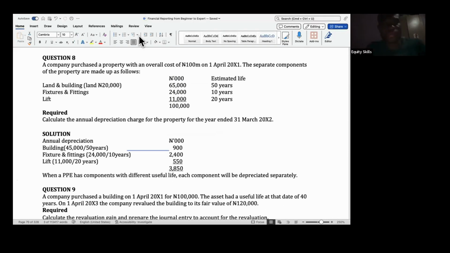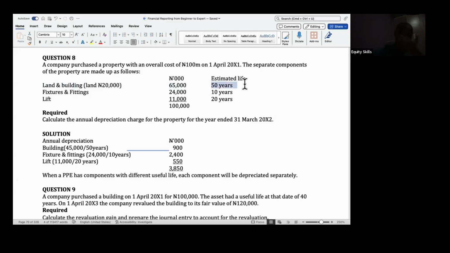Question 8. A company purchased the property with an overall cost of 100 million on 1st April 2001. The separate components of the property are made up as follows. Land and building, 65,000.